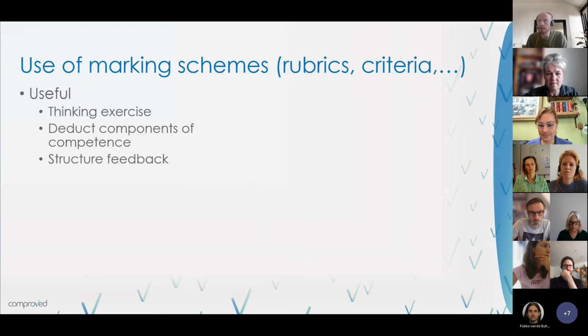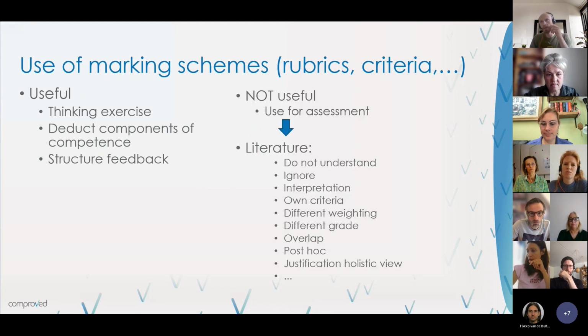We think that rubrics and criteria are a good thinking exercise to think about the competence, to deduct the components of the competence, to structure feedback, and so on. But for the use of assessment, we think it's not that useful, and therefore we rely on what we found in the literature. If you observe or talk to people who are working with rubrics or criteria, they often state, okay, I don't understand what this means.